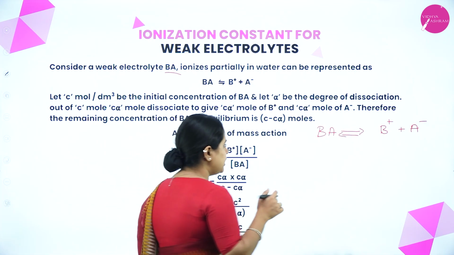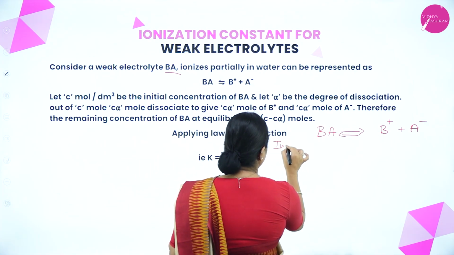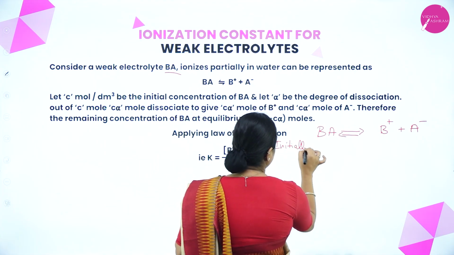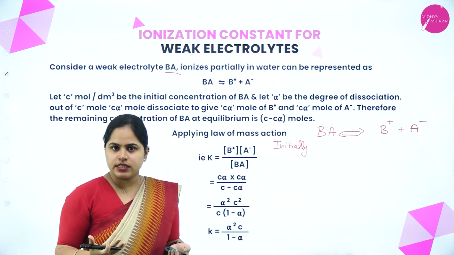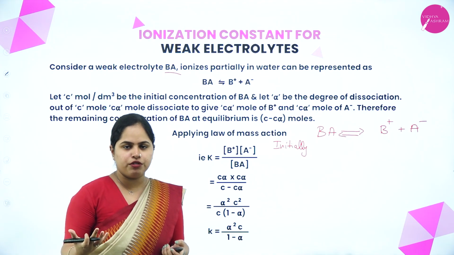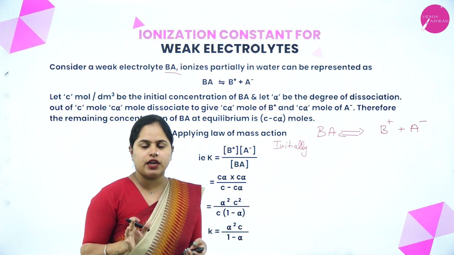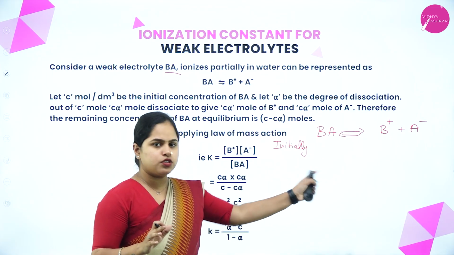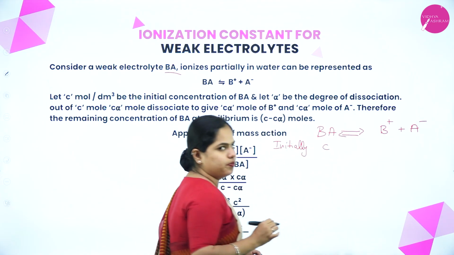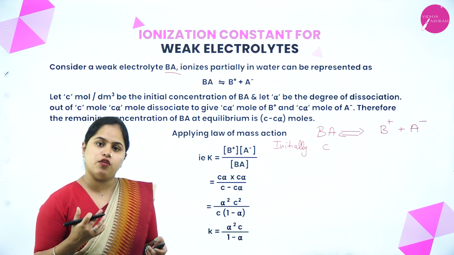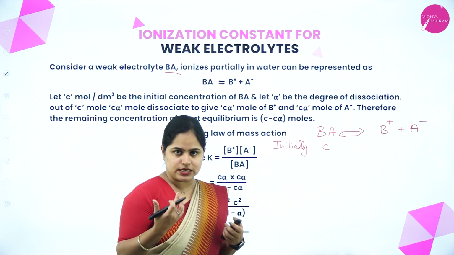Initially, only the weak electrolyte will be present; products won't be formed and ions won't be there. So we consider the initial concentration of the weak electrolyte BA as C.